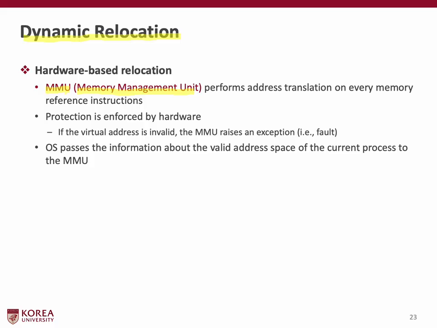If a process tries to access an invalid or restricted address, then the MMU raises an exception, which is also called a fault. And the operating system just needs to tell the MMU what the valid address range is for the current process. After that, the MMU takes care of everything during program execution.